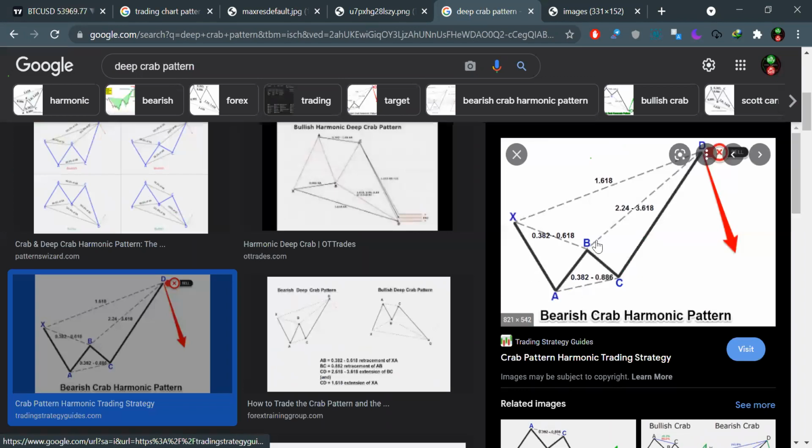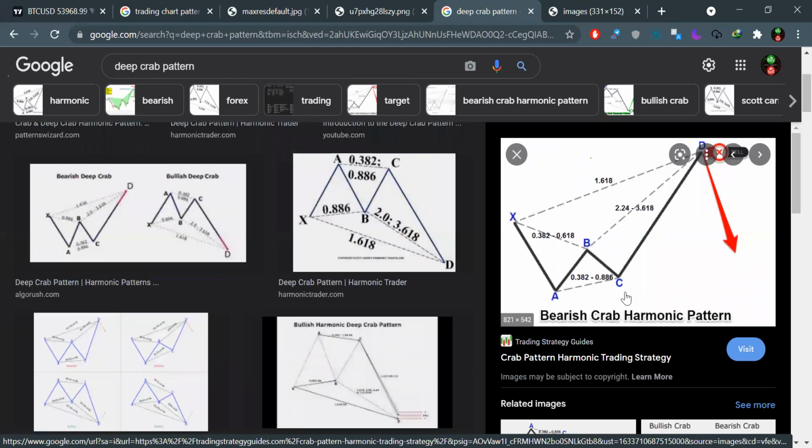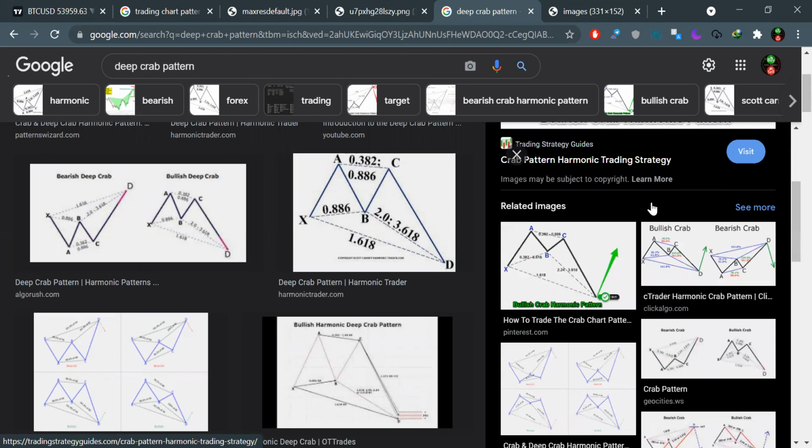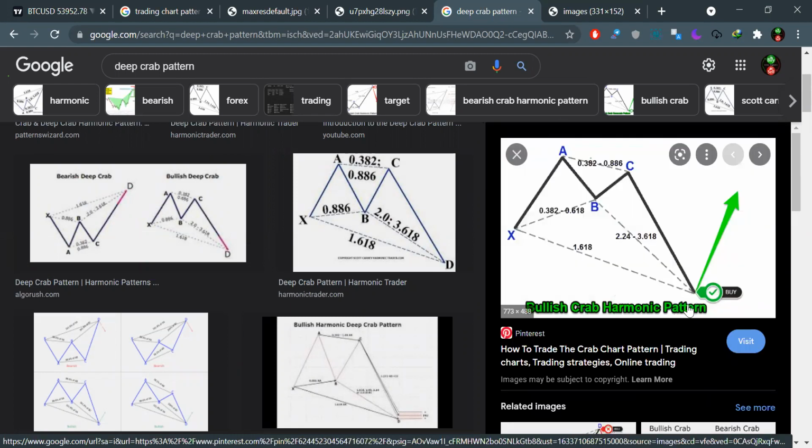So here A, B, C. Again, the C wave is smaller, but in order to make a deep crab or bearish crab, the D wave should be long. That's for bearish. If it's for bullish, then again the D wave should be long. A, B, C, and then look, the point D should be long, and then boom, upside move.